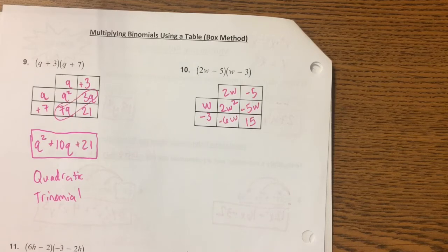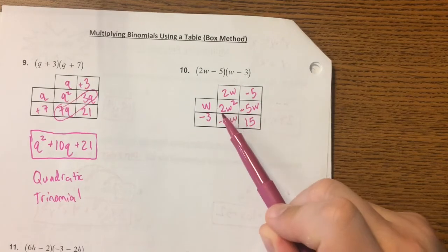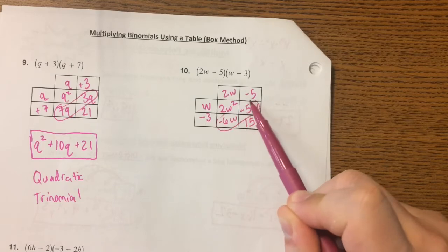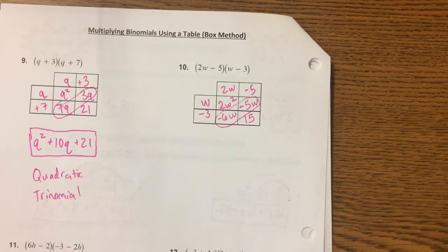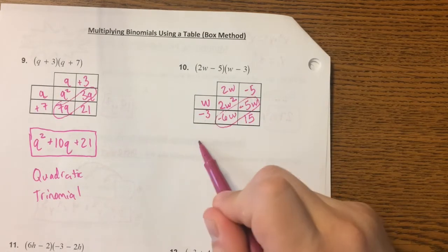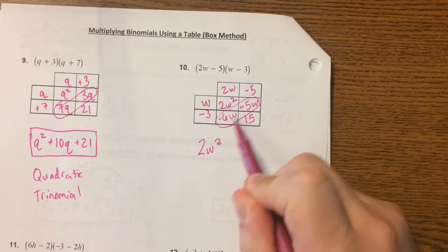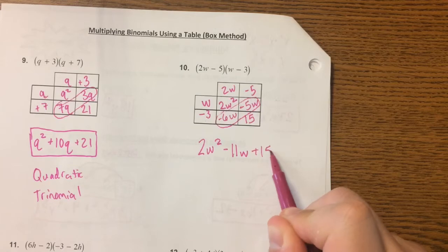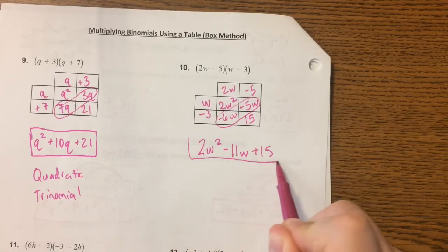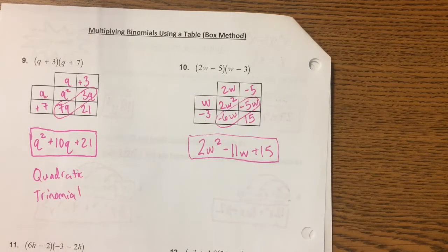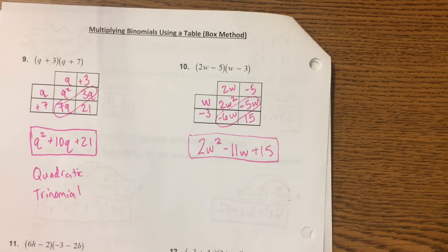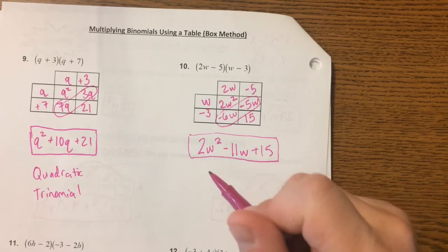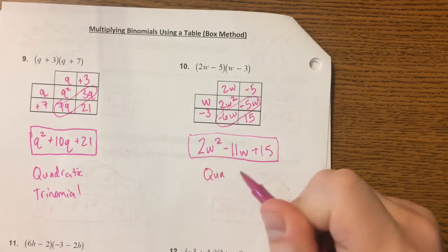The only thing left to do is to write my answer and combine my like terms. So I have 2w squared minus 11w plus 15. Okay, again, shocker here, we have a quadratic trinomial.